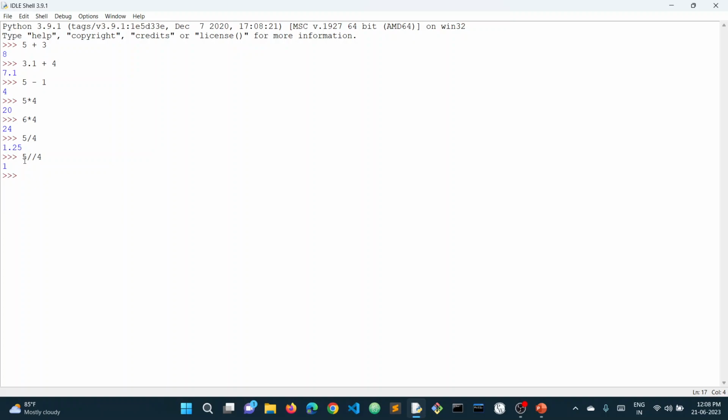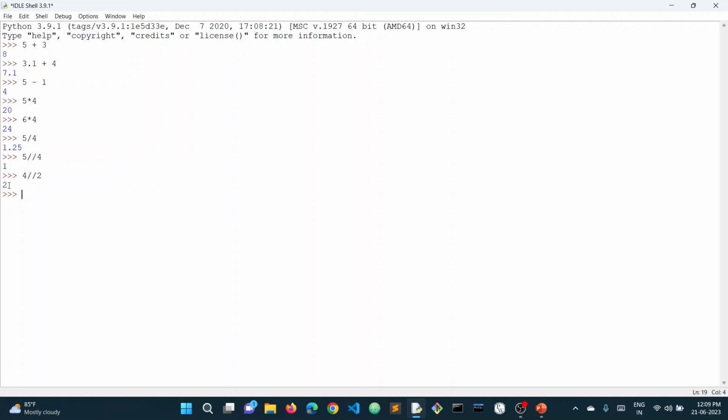So if we do 5 floor division 4, we will get 1 as the answer, because the integral part of the quotient when we divide 5 by 4 is 1. If we look at another example, 4 double division 2 gives us 2, which is the quotient that we get when we divide 4 by 2.